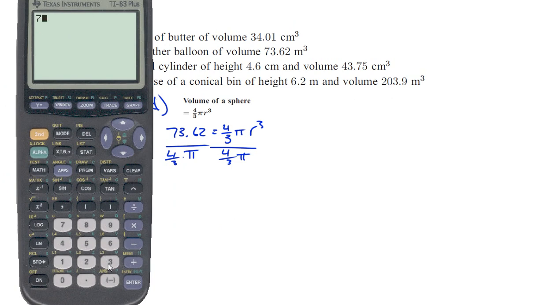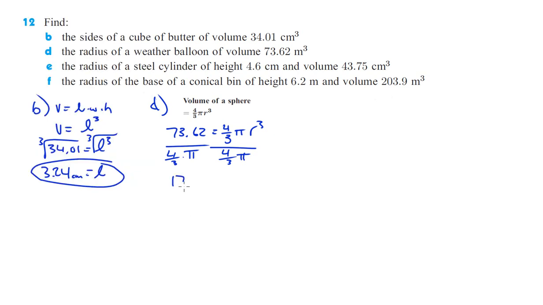So we got 73.62, and we want to divide by both 4/3 and pi, so I'm going to do parentheses, 4 divided by 3 times pi, and then close our parentheses, so it makes sure we divide by everything we need to, and we get 17.575 equals r cubed.